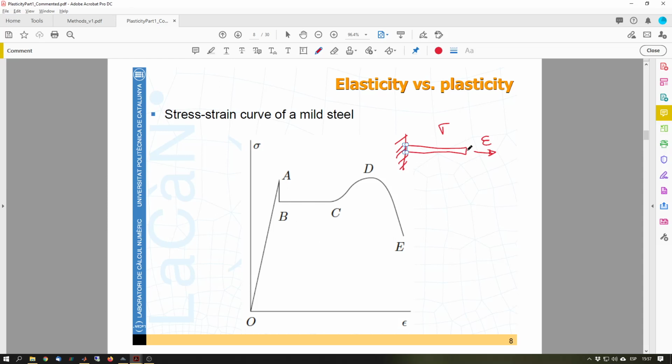We see there's a plateau, so I keep pulling and no stresses are being added. We may have a final hardening curve and then a softening curve. This is more or less the stress-strain curve for steels, a standard curve with different reference points that are normally marked on a test.